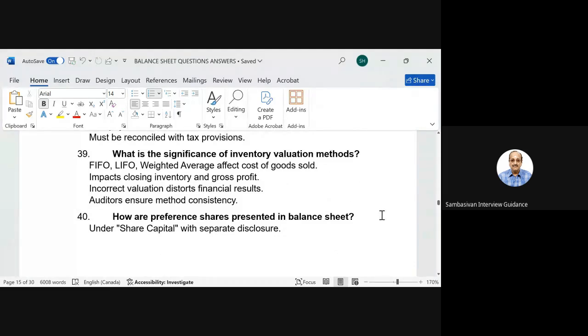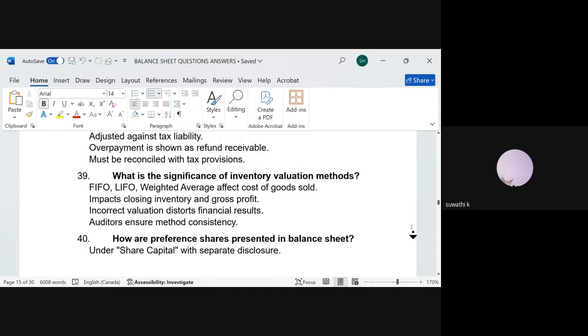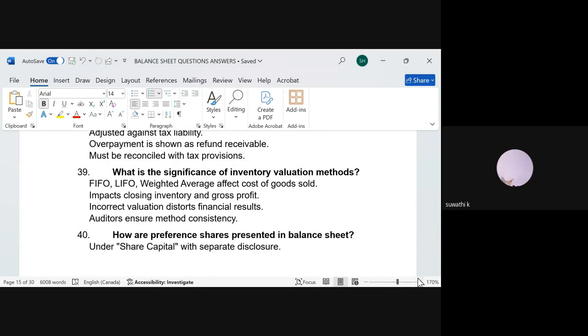What is the significance of inventory valuation methods? FIFO, LIFO, weighted average affect cost of goods sold, impacts closing inventory and gross profit, incorrect valuation distorts financial results, auditors ensure method consistency.